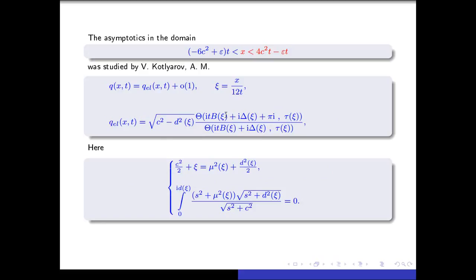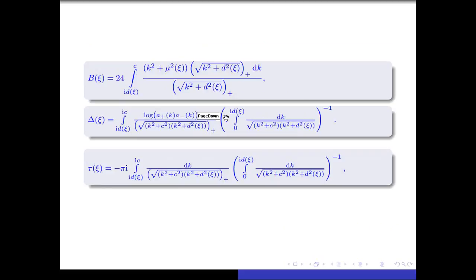The influence of the exact form of the initial profile is hidden here just in one function of the ratio x over t. Still it is quite important, so it's different for different xi.